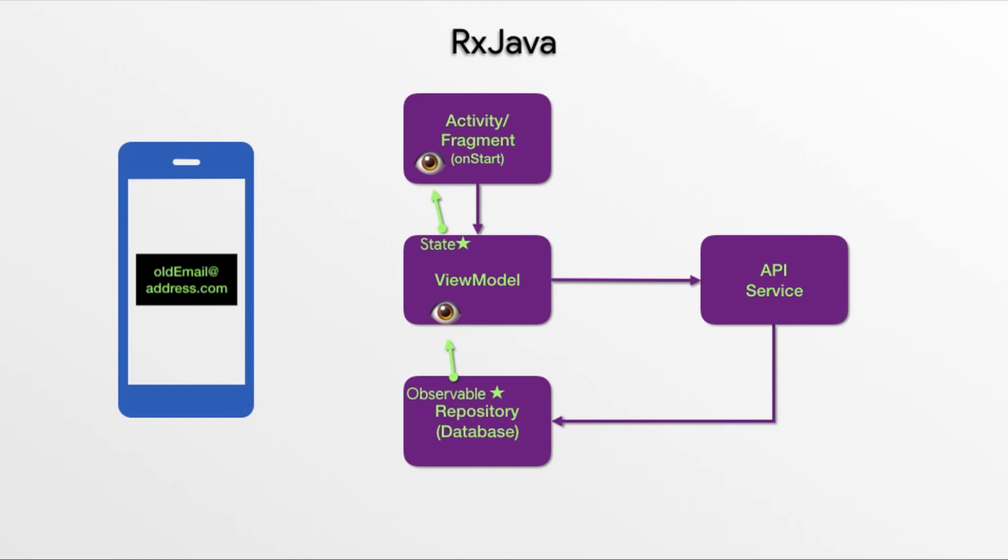So that's pretty nice. And then how would it happen if we update the email address? This is exactly the same as LiveData. Actually not. Because with RxJava, you can make API calls into observables as well. In fact, if you're using RxJava, any sort of asynchronous operation, it's probably better to use RxJava there. But again, we don't have time.